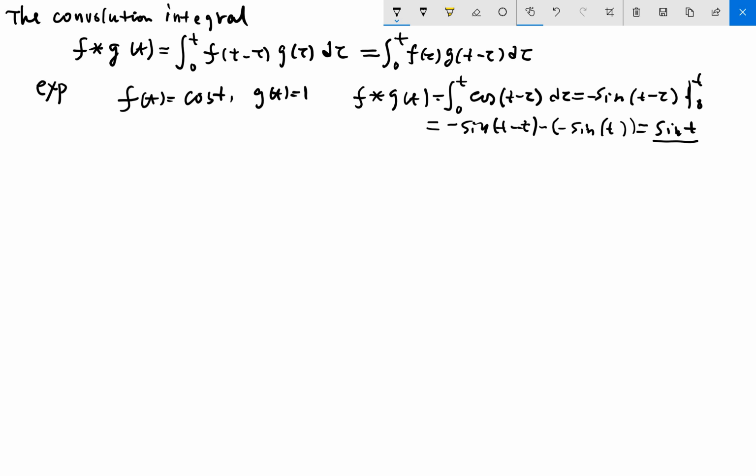Now next we're going to find the Laplace transform of the function you get from the convolution of f and g.